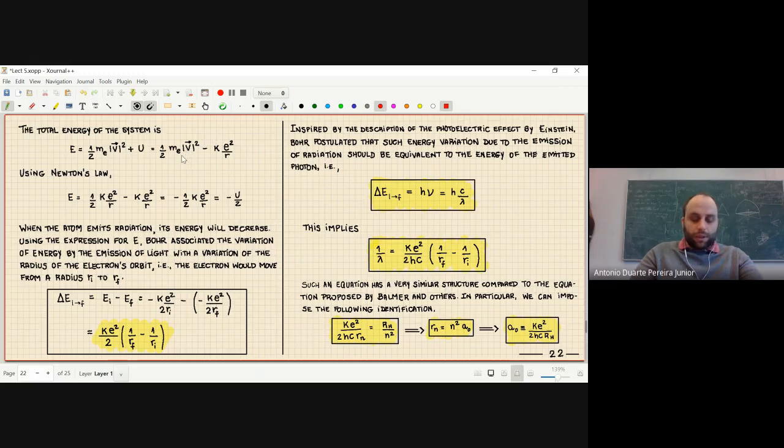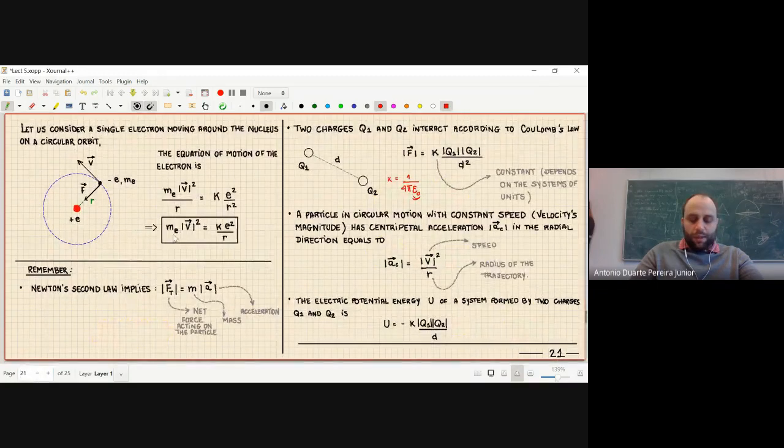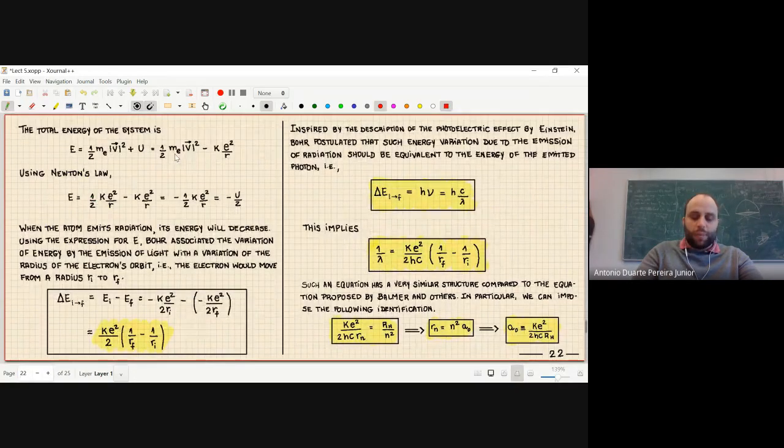Now you remember that before we related m v squared with k e squared divided by r. And here I have an expression that involves m v squared. So I can just replace the expression that I had before here for m_e v squared in this expression. And this will give me k e squared divided by r, and I have this factor of 1/2 in front of it.